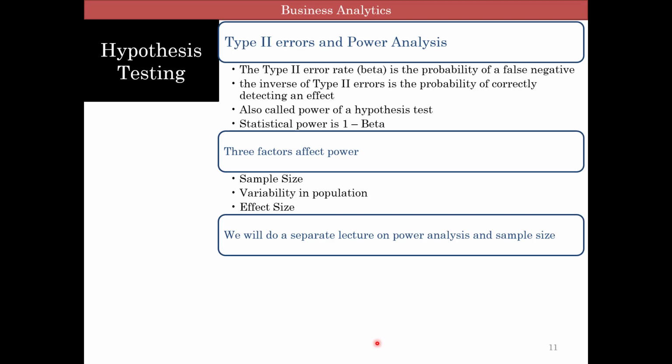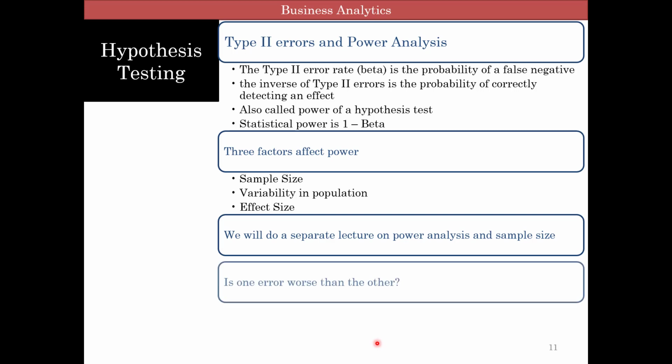Now we'll do a separate lecture on power analysis and sample size. The last thing we want to talk about is whether one error is worse than the other. Is it worse having a false positive or a false negative? Now each one has a cost, and it all depends on the problem and the cost of making one error versus the other. Let's take an example. Let's take cancer screening.